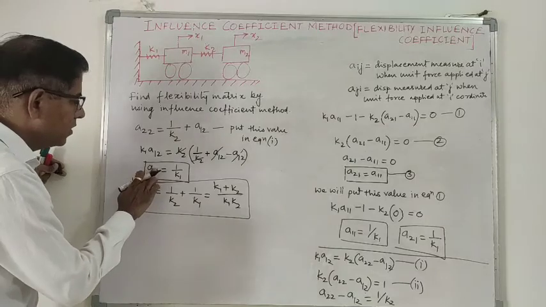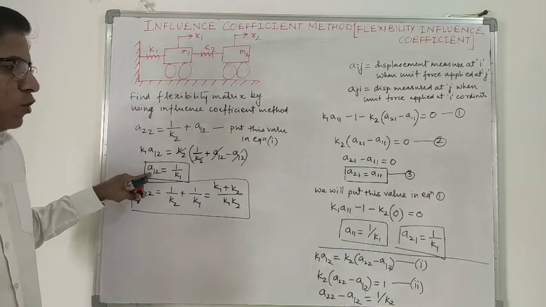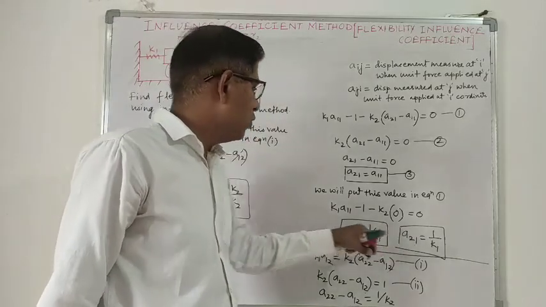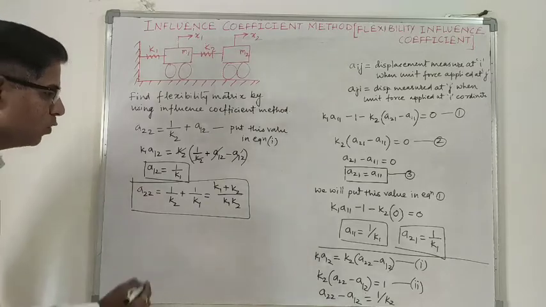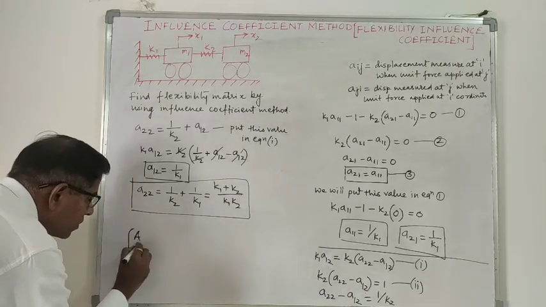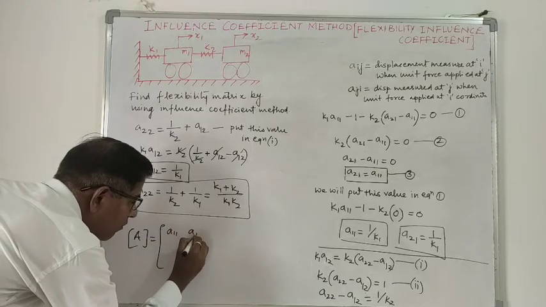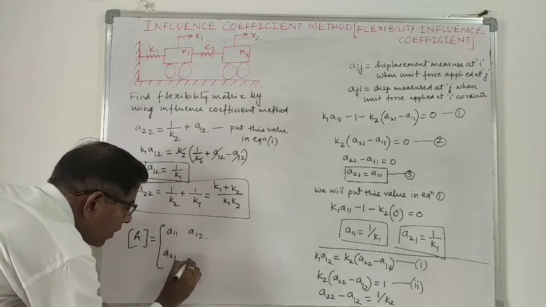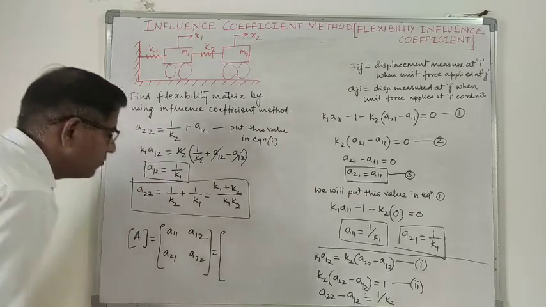So this is A12. Okay. So we have obtained A11, A21, A12 and A22. So the flexibility matrix is nothing but A11, A12, A21 and A22.